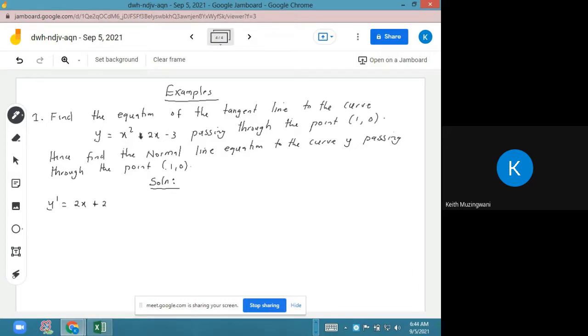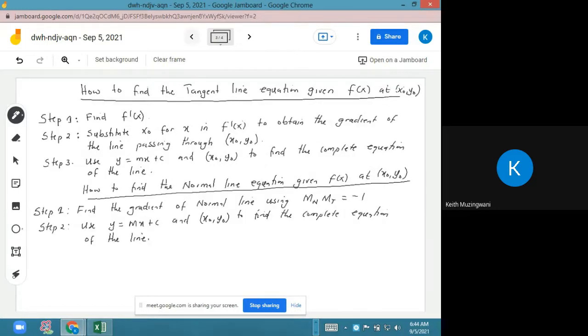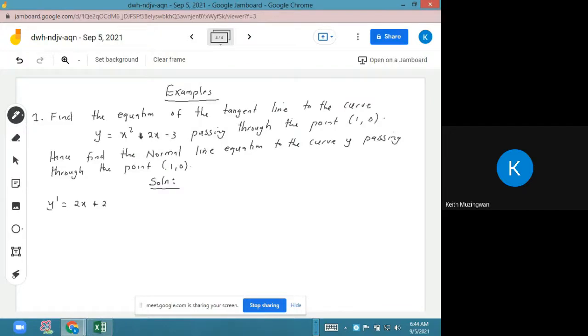And then, after I find the first derivative, you substitute x naught for x in f prime to obtain the gradient of the line passing through x naught comma y naught. Meaning, in the first derivative equation, substitute the point to find the gradient.